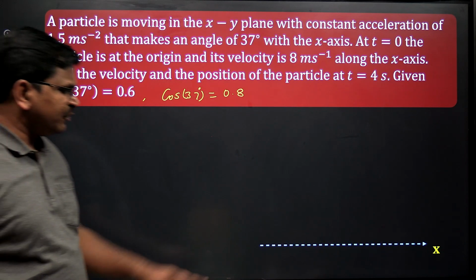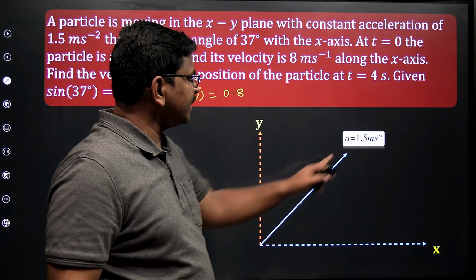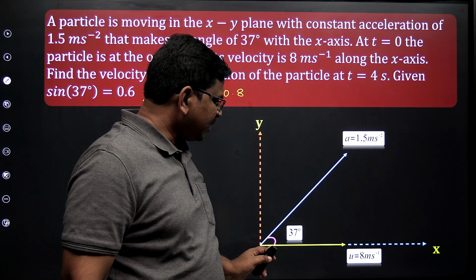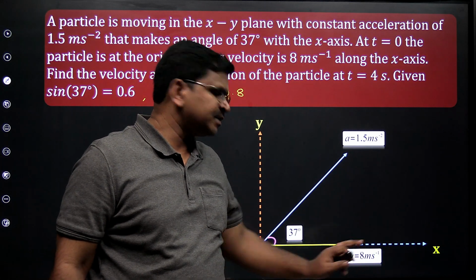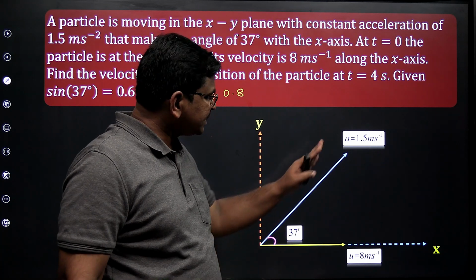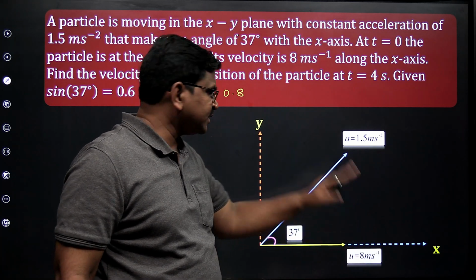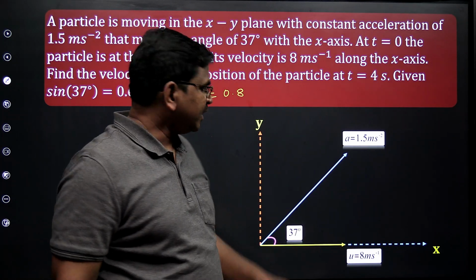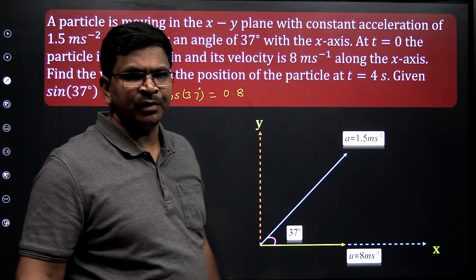It is given that the acceleration is making an angle of 37 degrees with the x-axis. Initially the velocity is along the x-axis, which is 8 meter per second. The acceleration is at an angle. We can resolve this acceleration along the x-axis and along the y-axis. So ax is 0.8 into 1.5 and ay is 0.6 into 1.5.